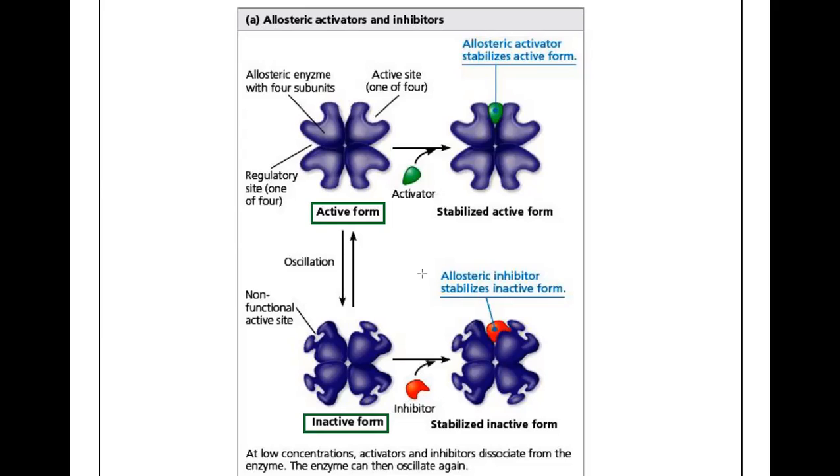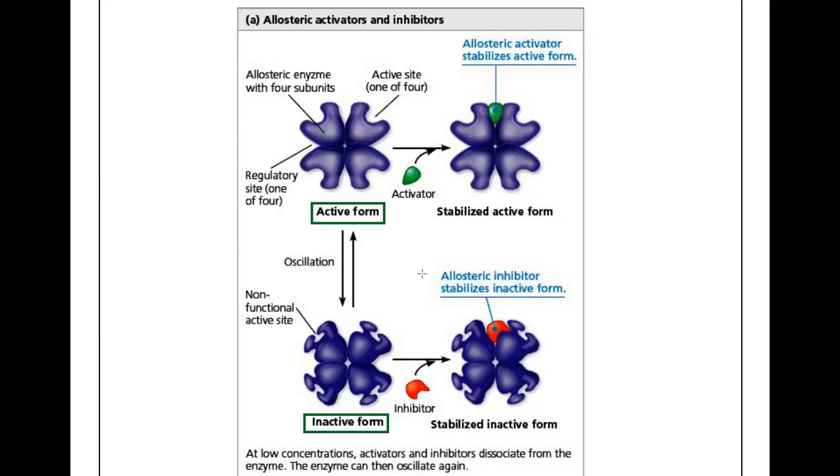If we want to get use of this enzyme, it should be continuously in the active form. Yes or no?